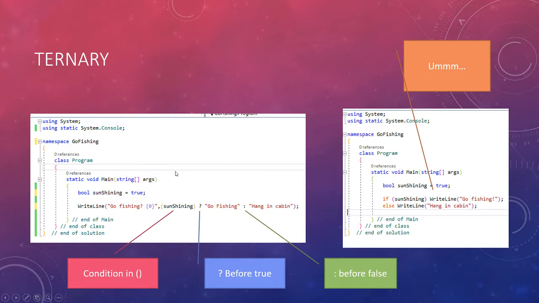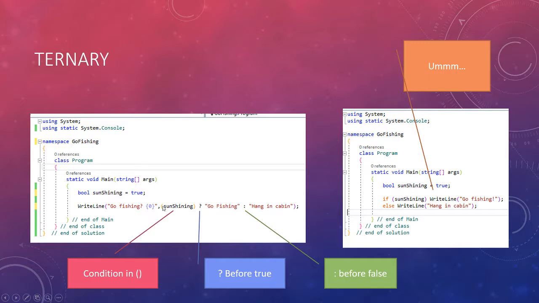But the ternary operator compresses everything down into one line. Now in my ternary operator, I should not have this go fishing string here because I want the output to be the same. But let's just say that we're going to have the go fishing question mark, and then after that we're going to follow it with our message. So our message then is going to be our parameter that replaces this parameter in our write line statement in our format.